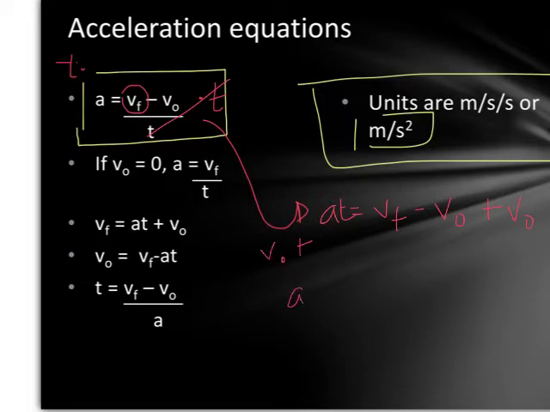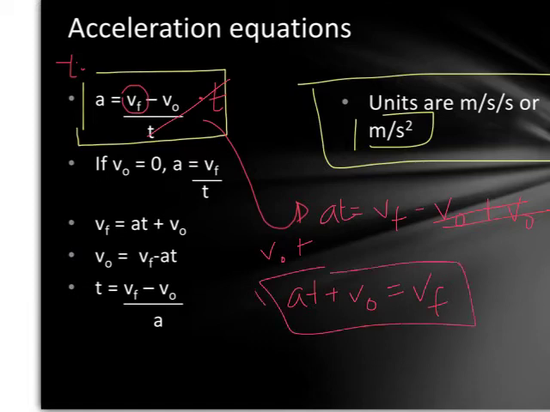So you'll have at plus V naught equals, and then negative 1 plus positive 1 gives you 0, so these are going to cancel out. Essentially, adding the negative of a number plus that number always gives you 0, so that's how these cancel. And we are left with VF. And if you notice, this equation matches that equation.